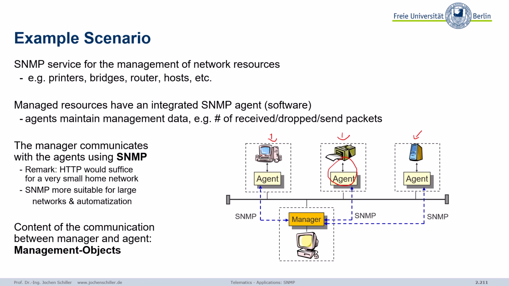And if the manager wants to access some information here, the manager then asks the agent. That's the idea. So you integrate an SNMP agent, and this agent maintains all this management data, collects how many packets did I drop and receive, etc. And SNMP is based on UDP, so very simple. If it doesn't work, just repeat it.